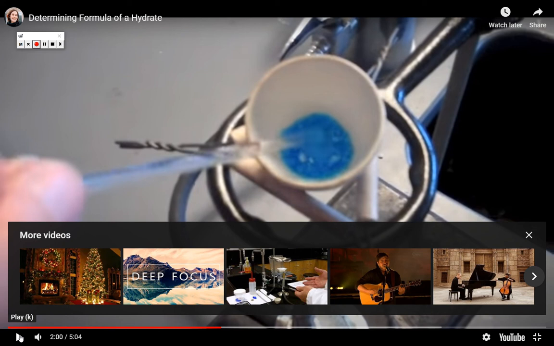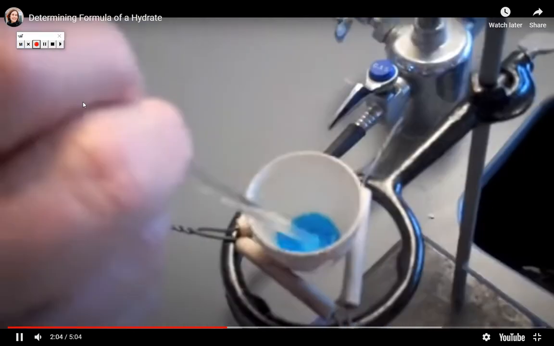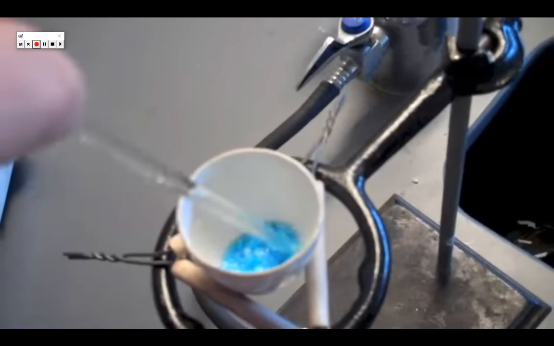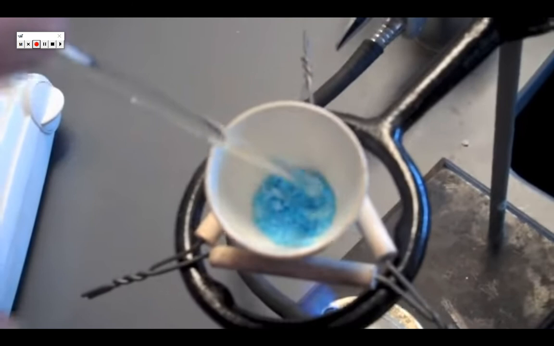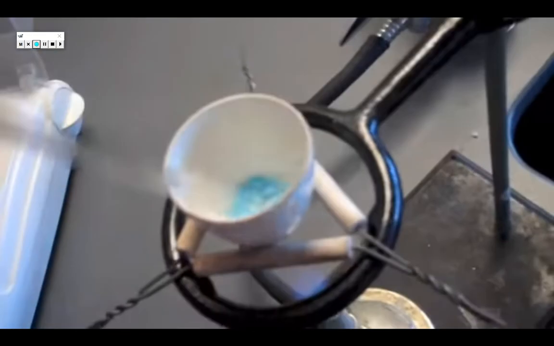So the water doesn't evaporate, because water needs to evaporate at 100 degrees Celsius, which is pretty high. So the liquid water is making the copper sulfate a little bit wet. Wet things are sticky. Don't worry about that.